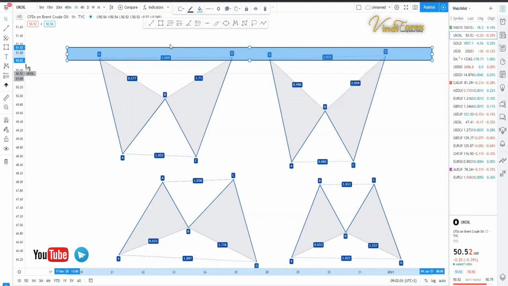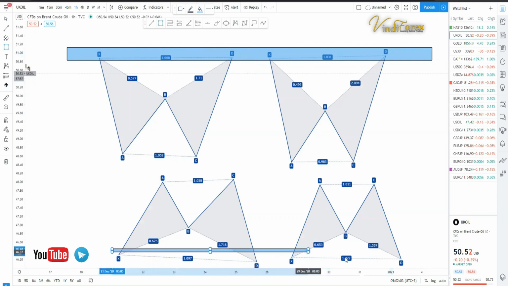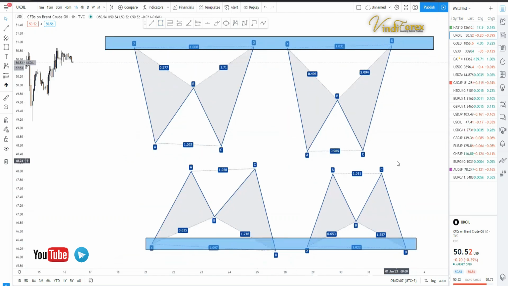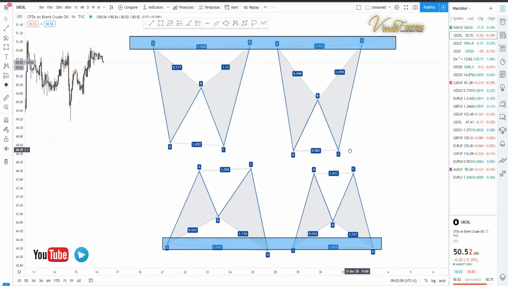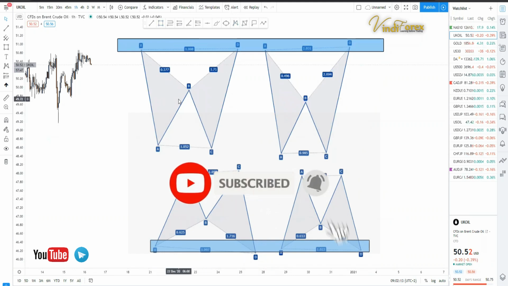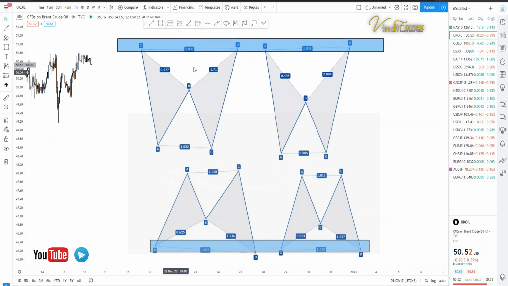And for that other one, here, we're going to be having the support structure. Can you see that? We're going to be having the support structure on the M's, and the resistance structure on the W's. So just the basic approach to this, you ask yourself one question: do I sell high, or am I supposed to sell low? Which one is it?